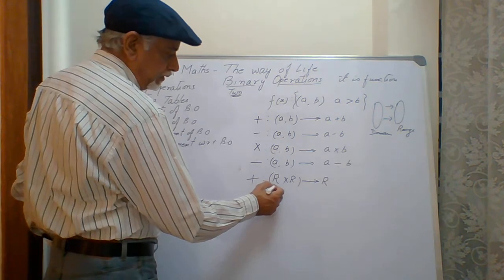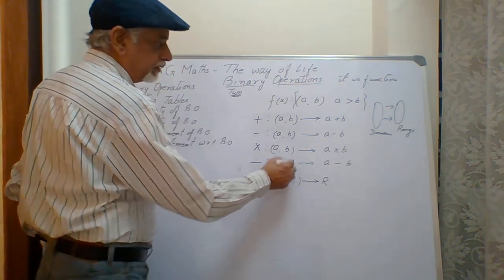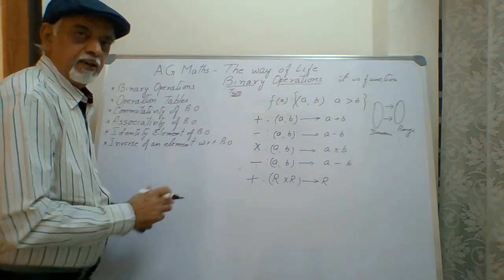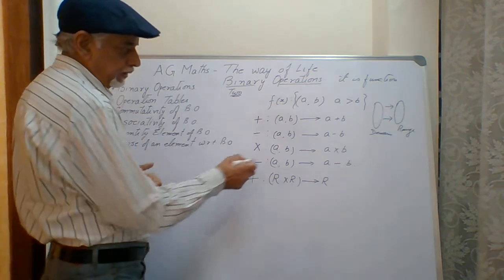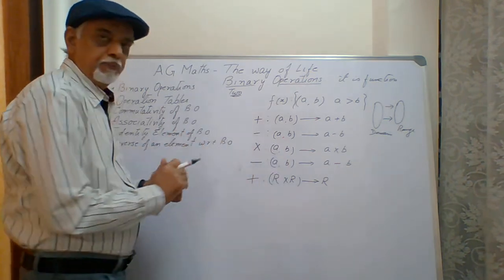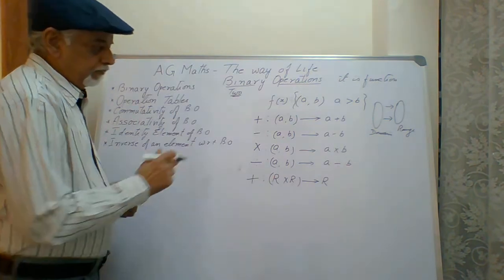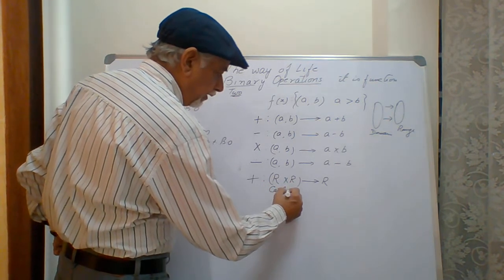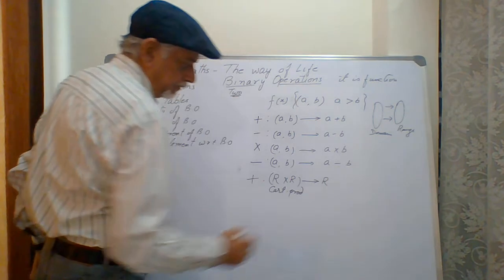What is happening? R and R are getting operated. It is a Cartesian product, right? We cannot call it an ordered product because we don't know whether a is coming before b or b is coming before a. In an ordered product, a always comes before b. But here it is a Cartesian product, and this is the result.